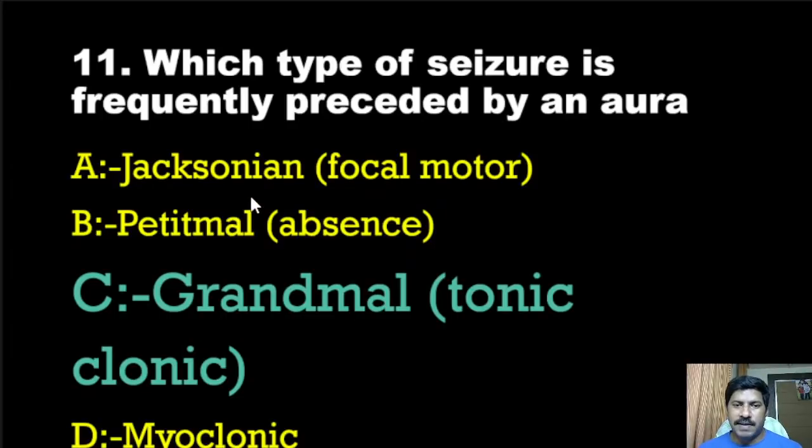And now we will see what is a Jacksonian focal seizure. Jacksonian seizure is a type of focal partial seizure, also known as a simple partial seizure. Partial means involvement of only some part of the brain.